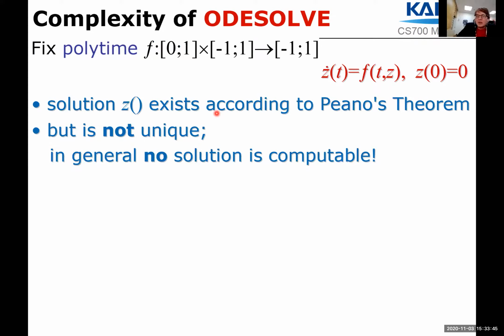There are many solutions, but by the very construction, none of them is computable. It's a sophisticated construction. I'm ready to admit it's an artificial construction, but it clearly delineates the boundary and the insufficiency of our hypothesis that the function f must be just polynomial time computable, nothing else. Then in general, there's no computable solution.